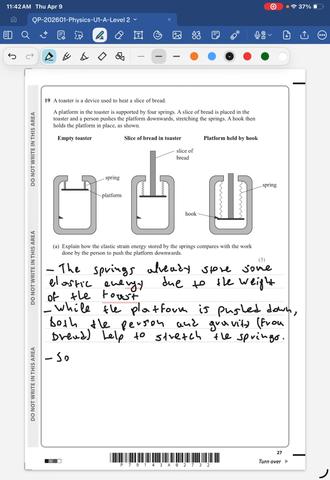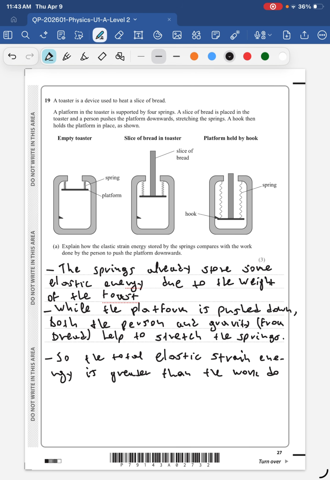So the total elastic strain energy is greater than the work done by the person alone.